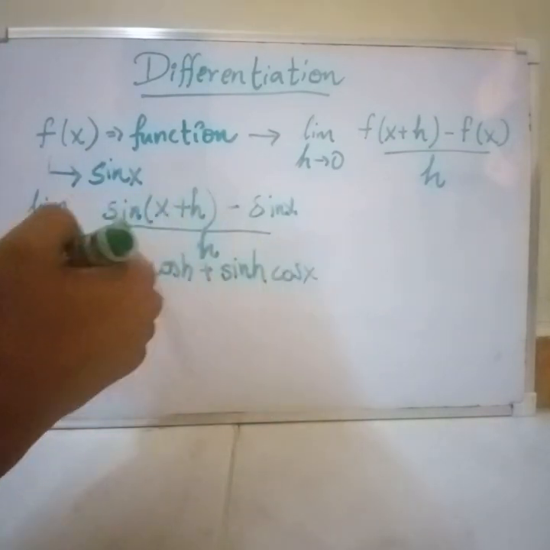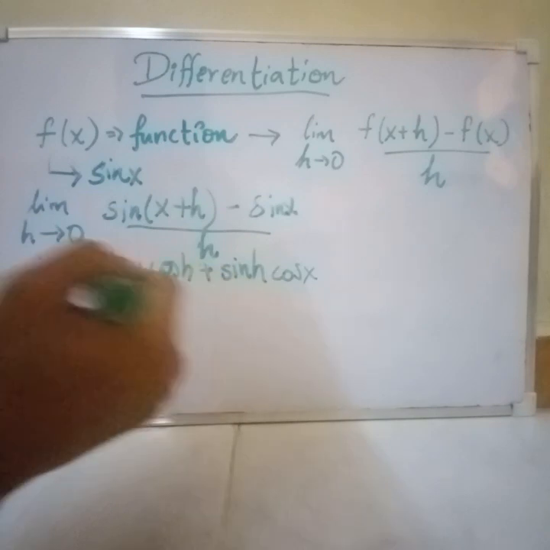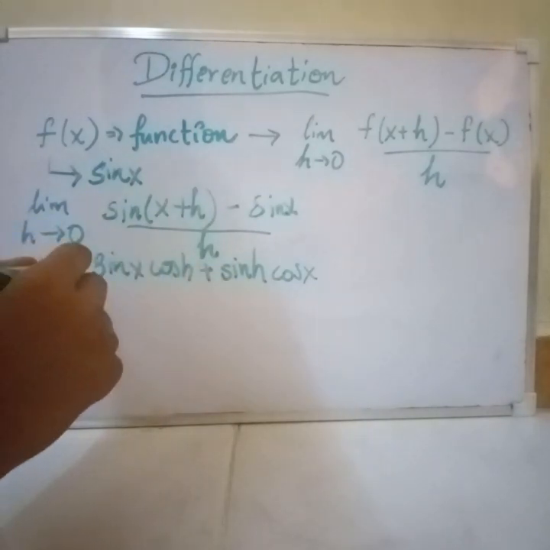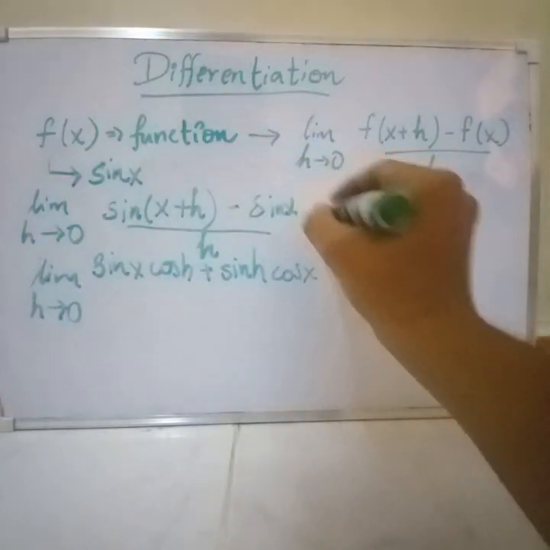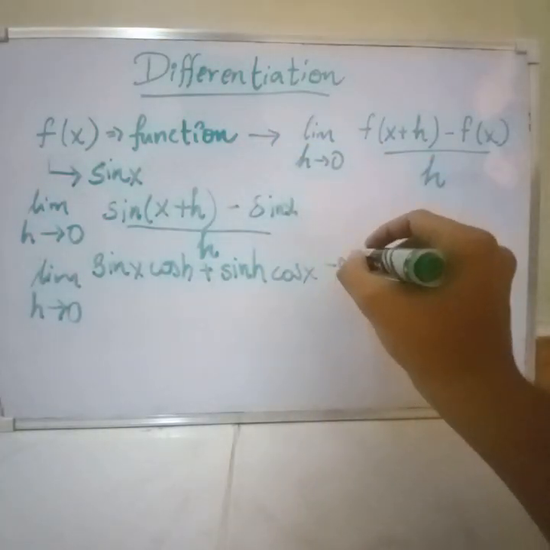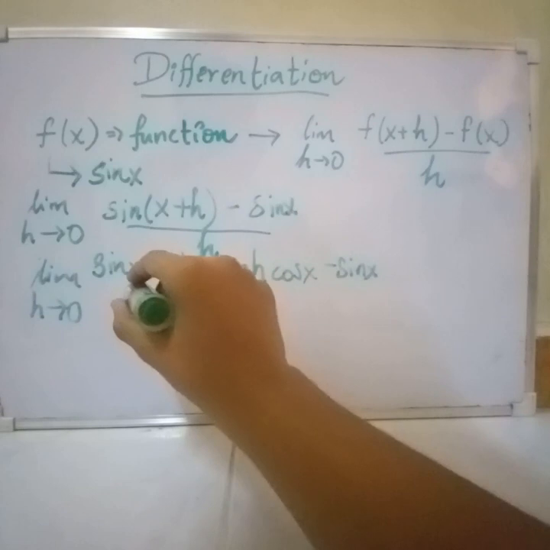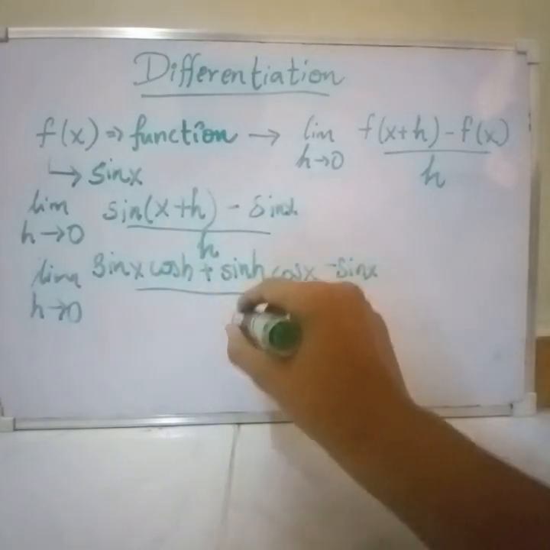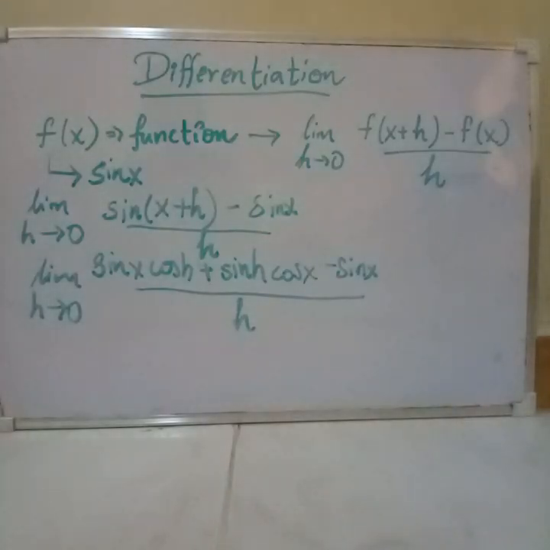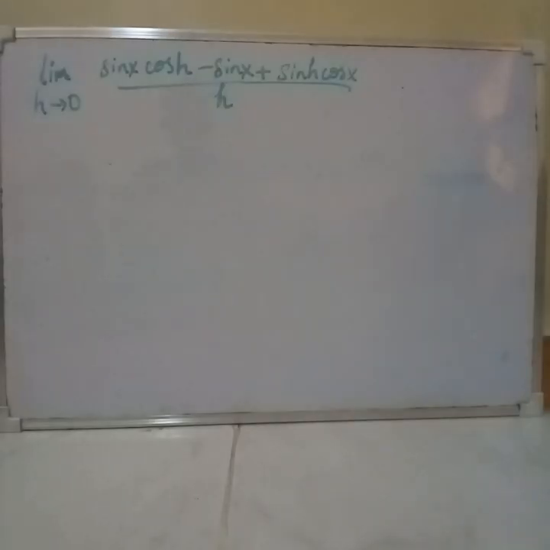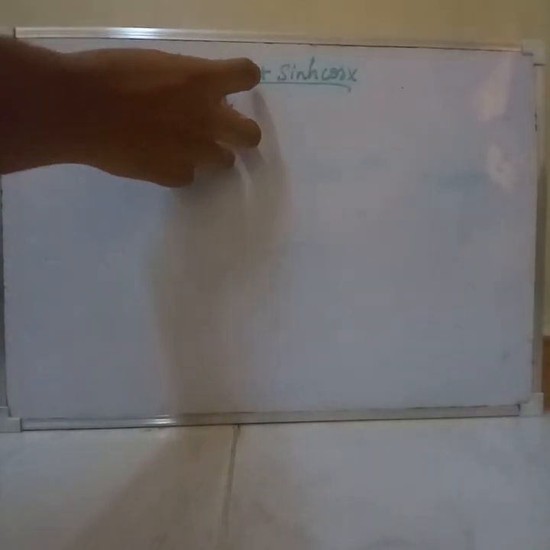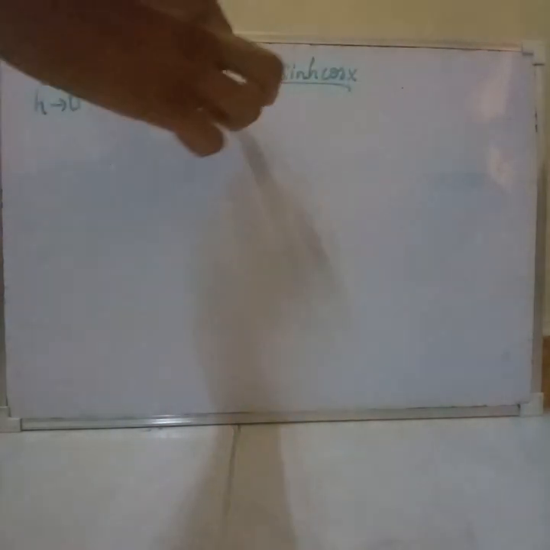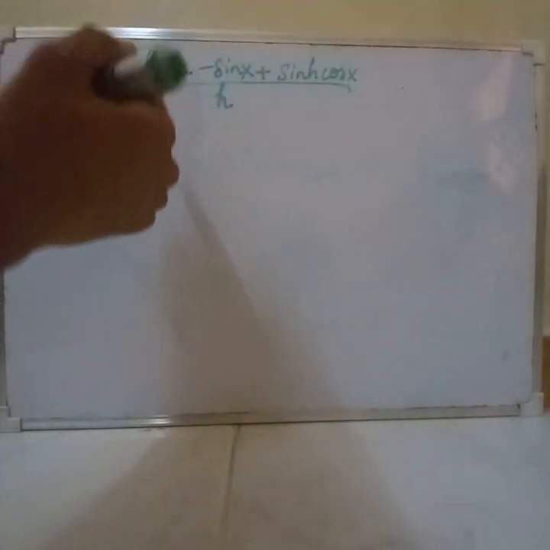So when you are expanding sine of x plus h, you can expand it like this. Writing the second part as sine x, then the whole thing divided by h. Now I have just rearranged the terms, sine x cos h and minus sine x. This one was here, so I changed its position to here now.